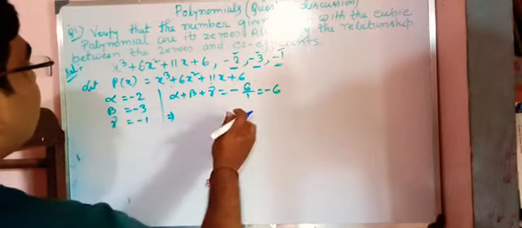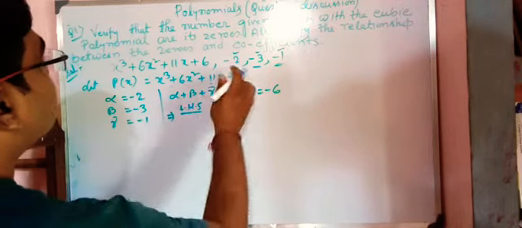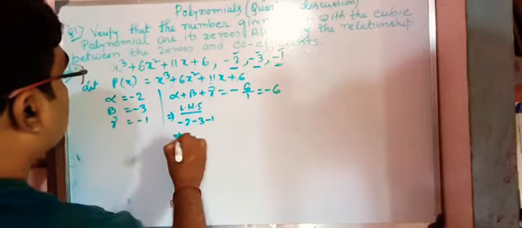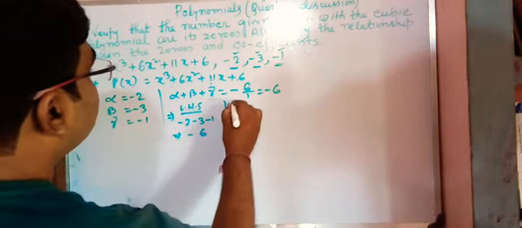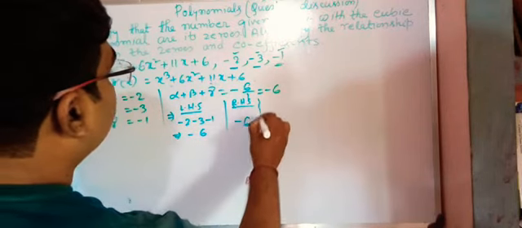So here LHS is -2 minus 3 minus 1, that is equal to -6, and my RHS is already -6, so verified.